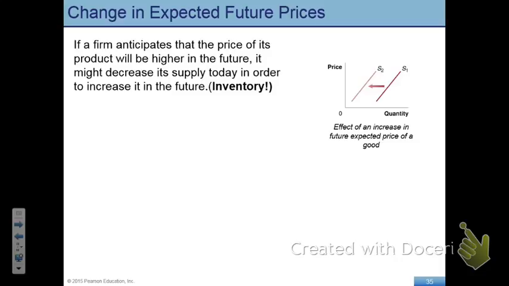The next one is rather critical and important. We have talked about how expected future price affected the demand for consumers today. And we talked about these two situations where the goods are perishable and goods are non-perishable.